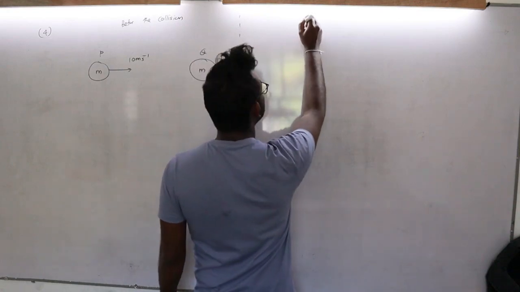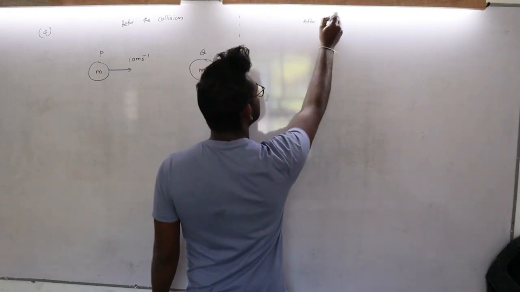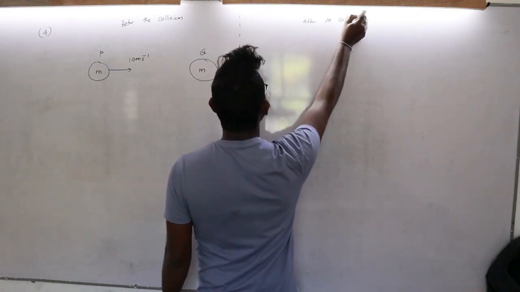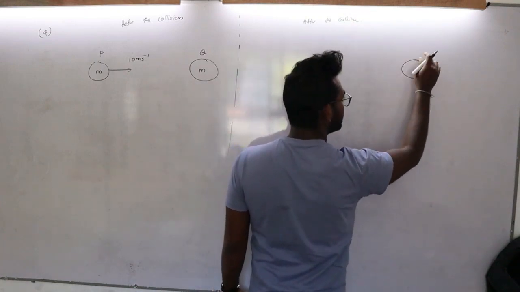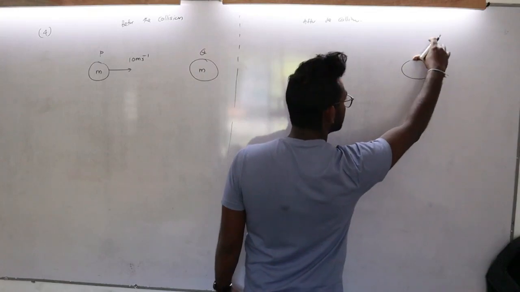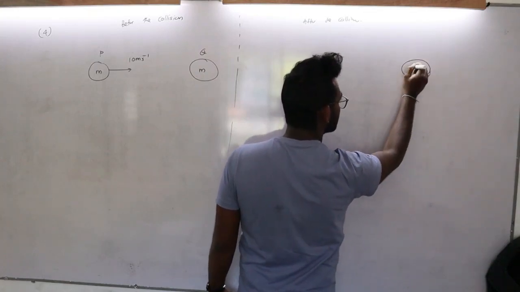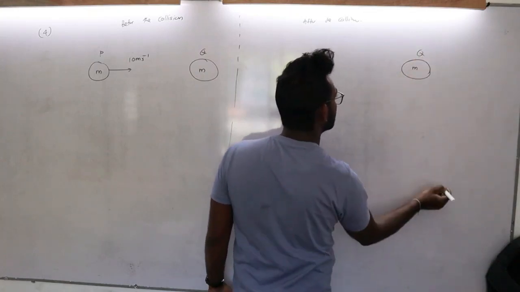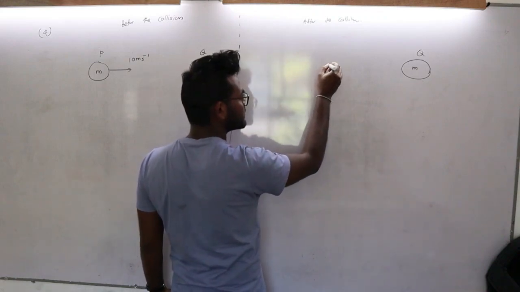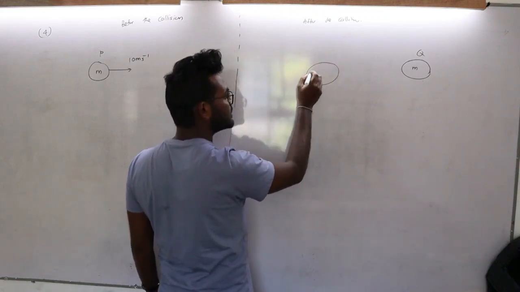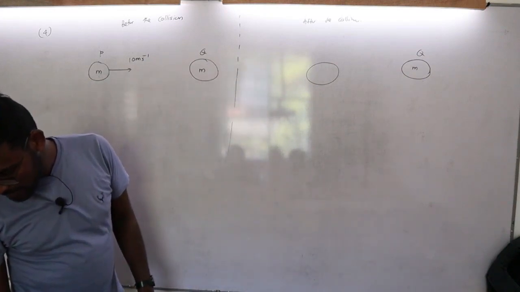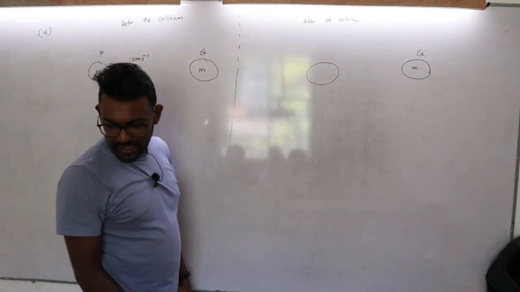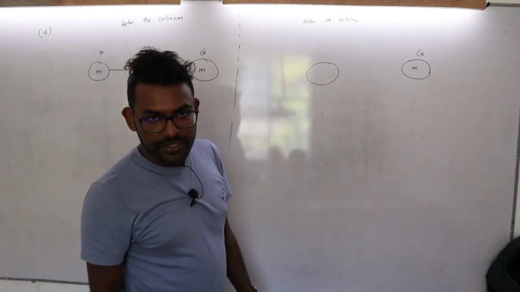And let's see what's going to happen after the collision. We don't know about the P, we don't know about the Q. But it mentions something like this: the P, after the collision, was moving 120 degrees anti-clockwise from the original path.